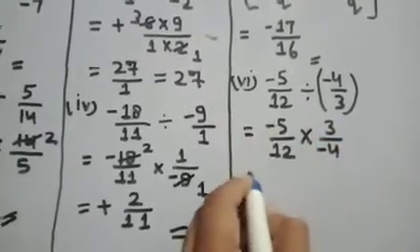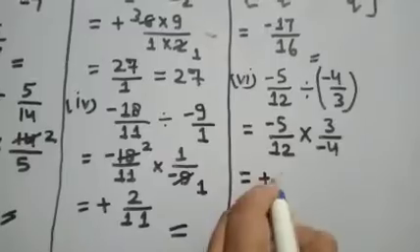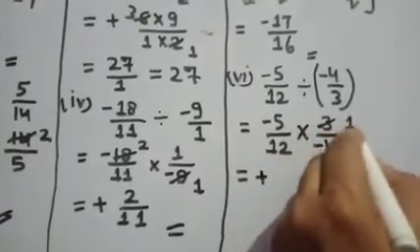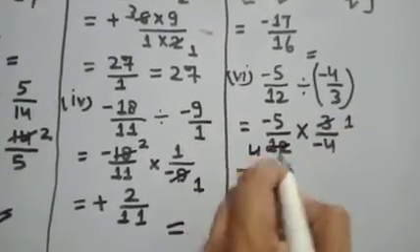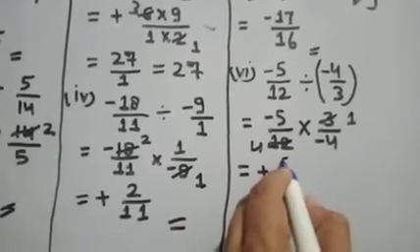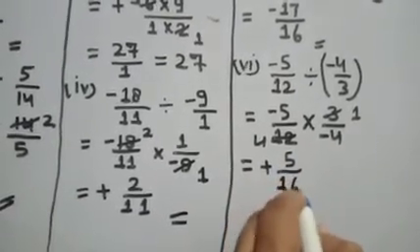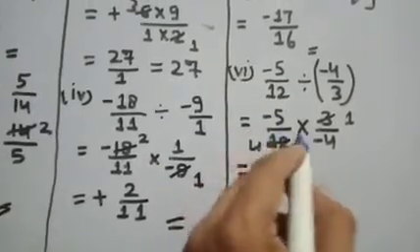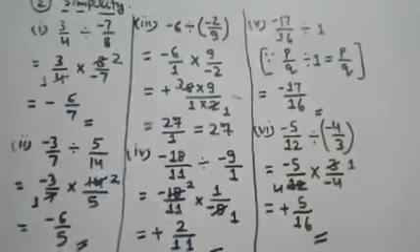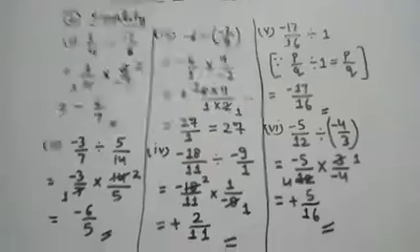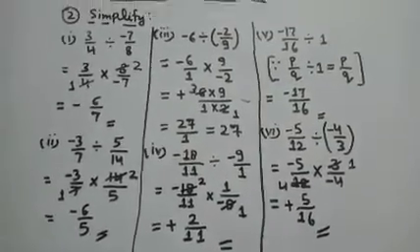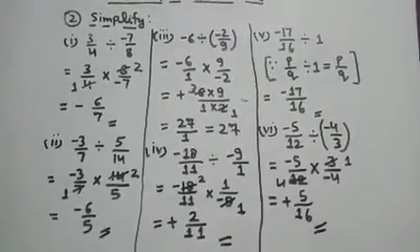Now minus minus plus, and 3 ones are 3, 3 fours are 12, then minus 5 plus 5 upon 4, 4 fours are 16 will be the result. First you solve the sign, then the product.